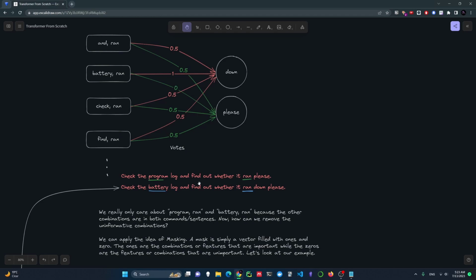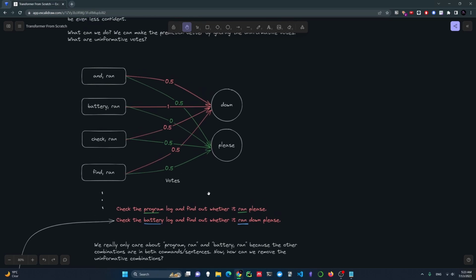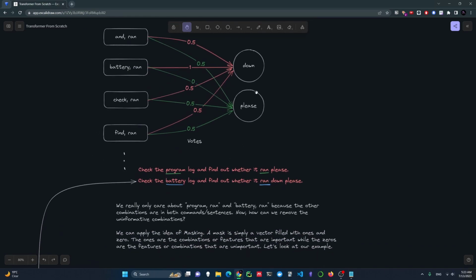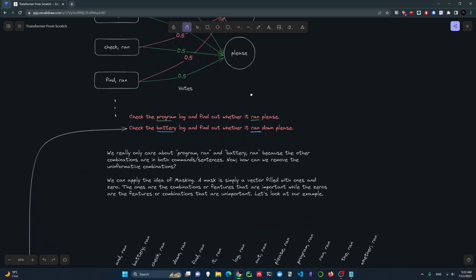So now, how can we remove these useless features, right? We don't really need them because they don't provide us with any actual useful information for predicting the next word. Well, this is where we apply the idea of masking. A mask is simply a vector filled with ones and zeros.